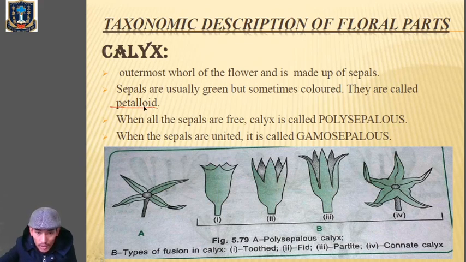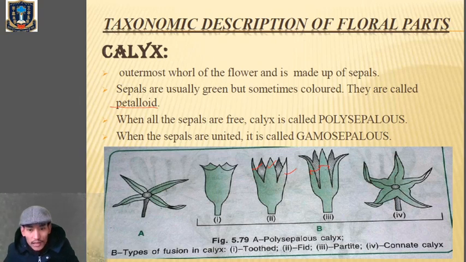As you can see in the figure here also, this is the first sepal, second sepal, third sepal, let's say. These subunits of the calyx are not joined with one another. They are free from one another. Even here you can see that these two units of the calyx are not joined. So when all the sepals are free, then such a calyx is called polysepalous.